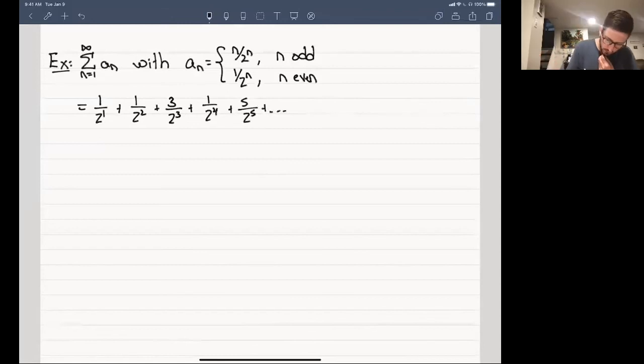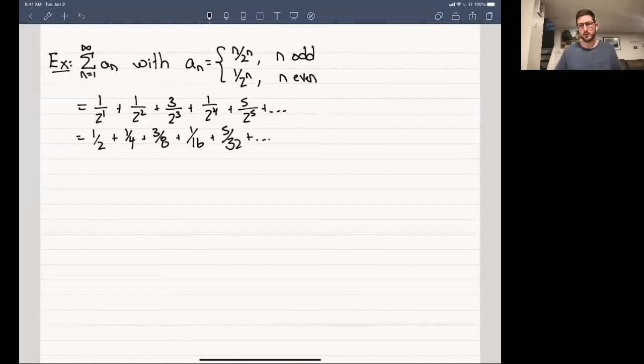If you want to write these out for a second, this gives me 1/2, a quarter, 3/8, a 16th, 5/32, and so on and so forth. But it's not clear to me exactly what needs to happen here. And it's not immediately clear to me if the terms are getting small enough for this thing to converge, right? It's not an obvious problem. It shouldn't be an obvious problem.